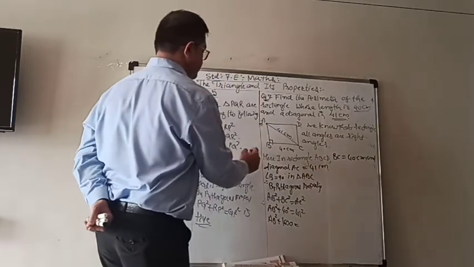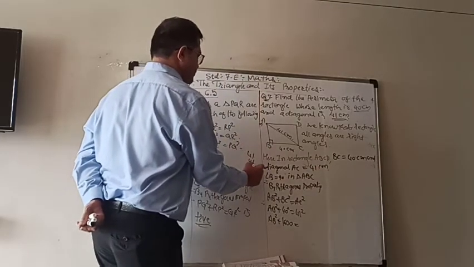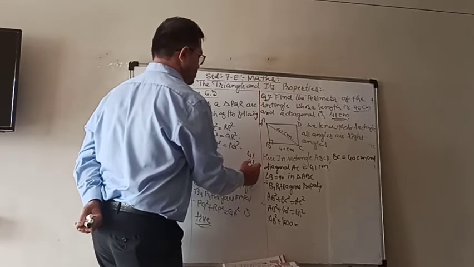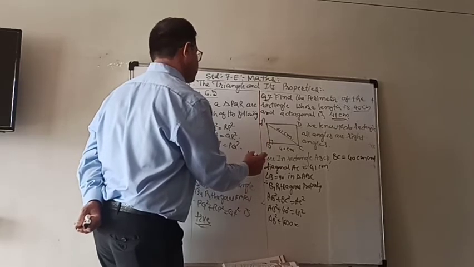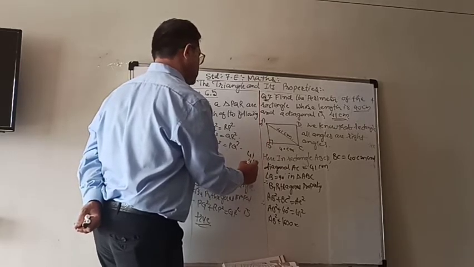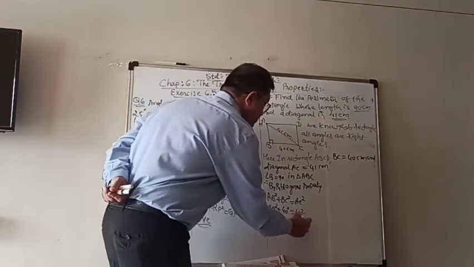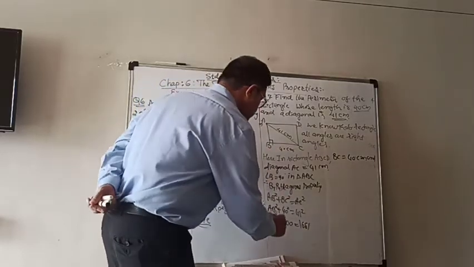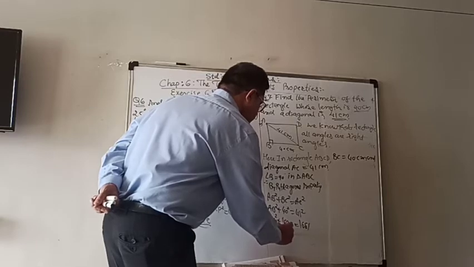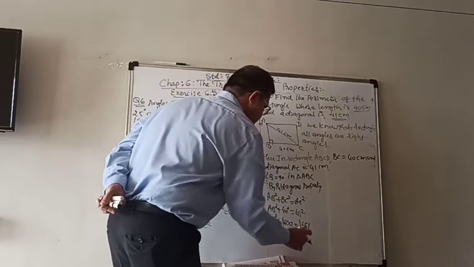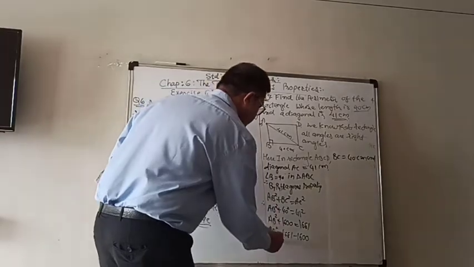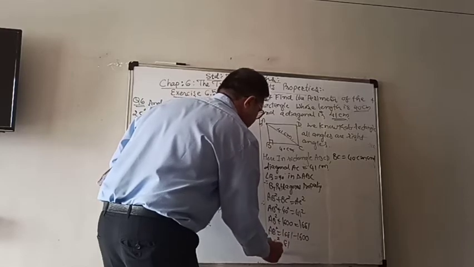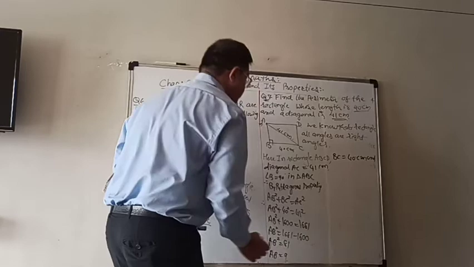Now 41 square. 41 multiplied by 41. 1681. So now subtraction, AB square is equal to 1681 minus 1600, and we know that subtraction will be 81, and 81 is square of 9, therefore AB is equal to 9.